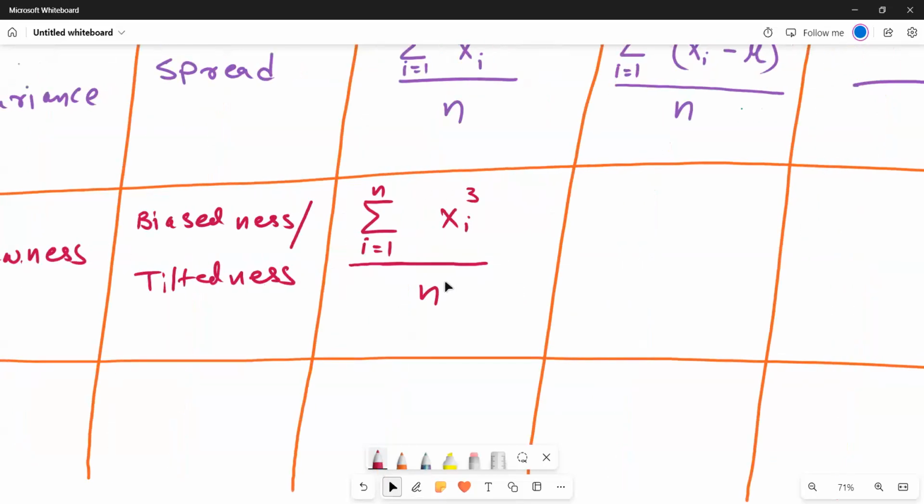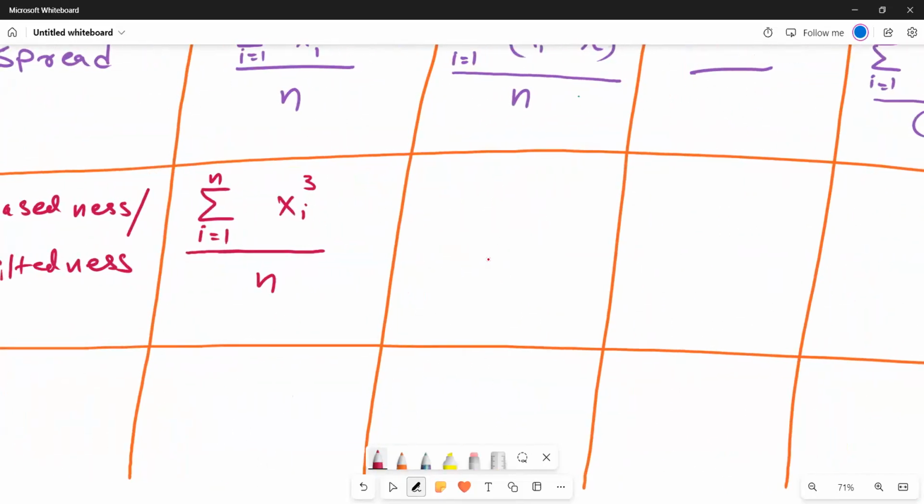Then we have the centered form of the formula for this, where we'll simply replace xi with xi minus mu.